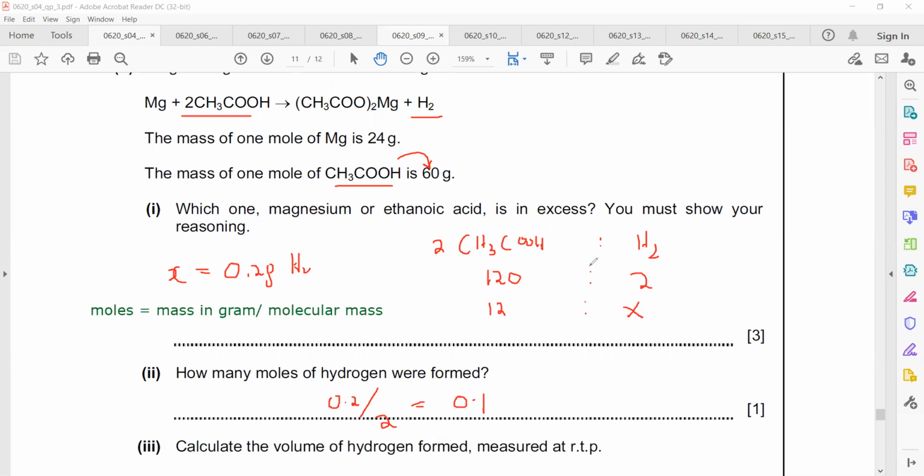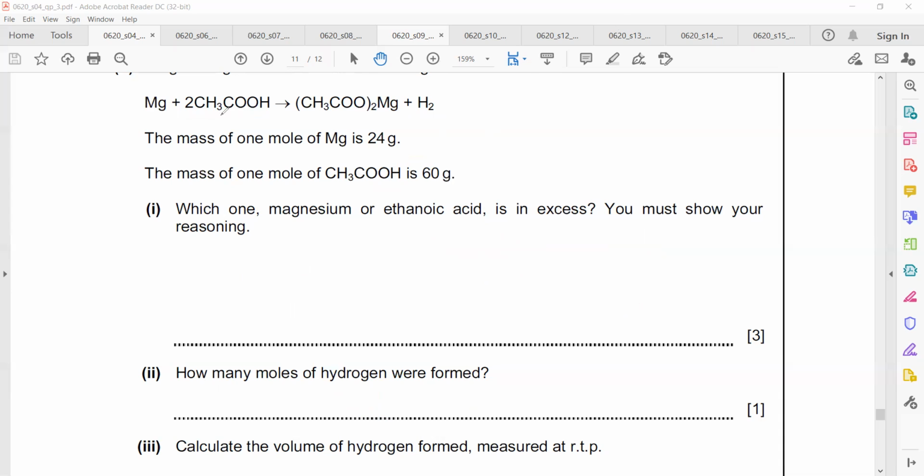Because in the first part, we have to find the excess reagent. So ethanoic acid is the limiting reagent. Whenever we are finding a product, we always use the limiting reagent. So we have ethanoic acid as the limiting reagent.